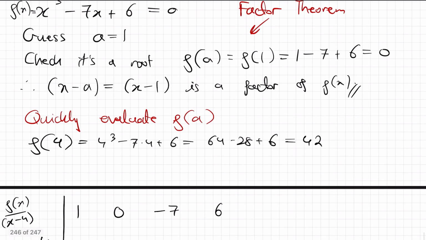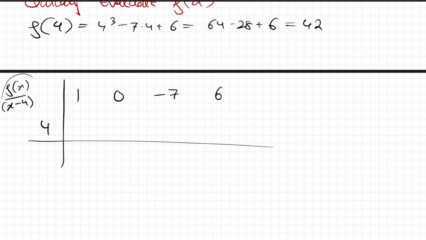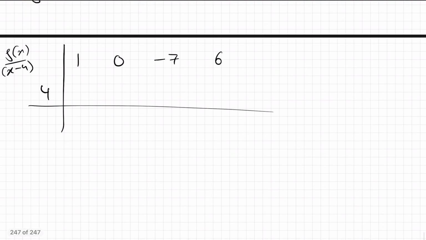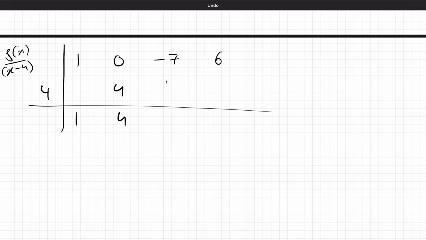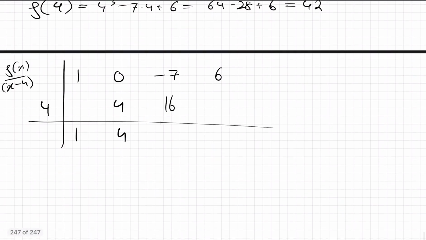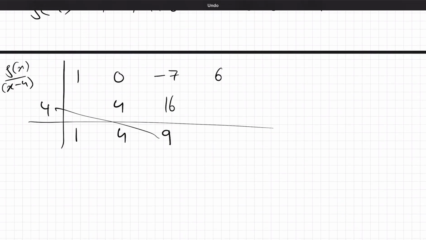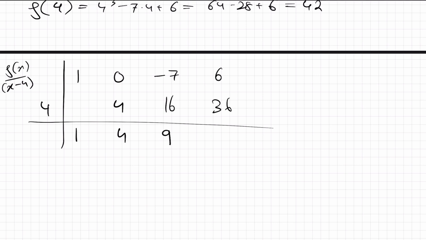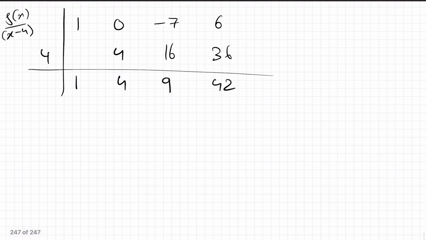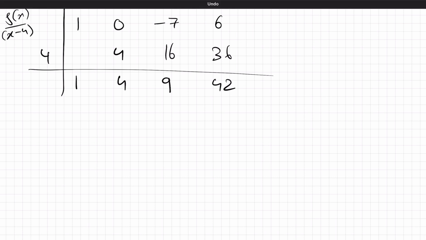Then we bring the first number down, 1, multiply by 4, put it over here, then add these two to get 4, multiply that by 4 to get 16, add these two to get 9, and then multiply this by 4, and finally add these to get the final remainder.